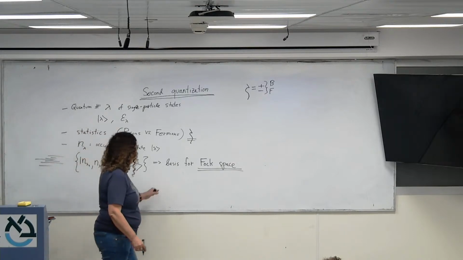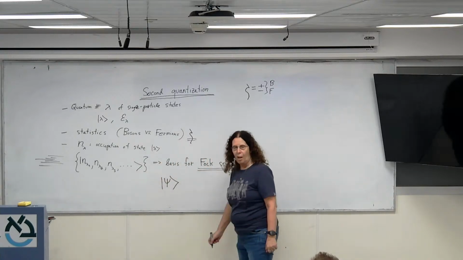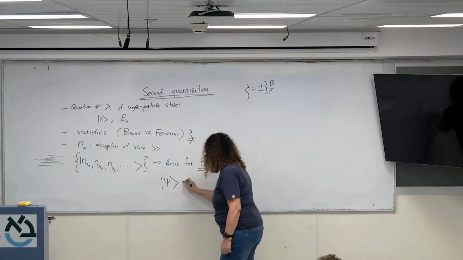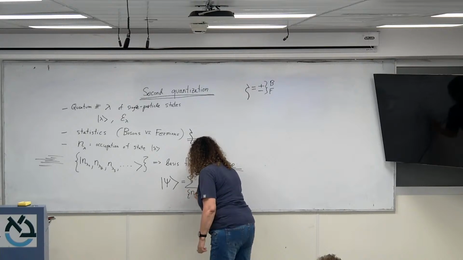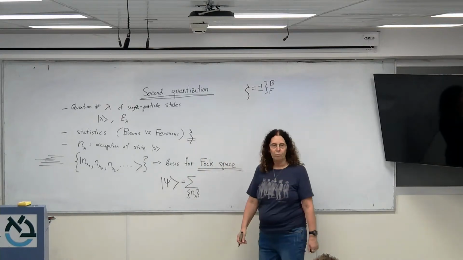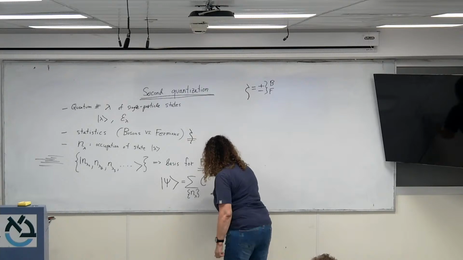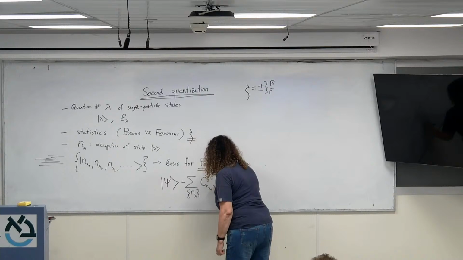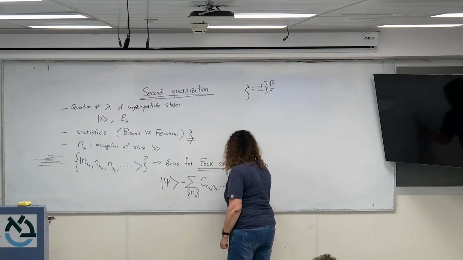And the most general many-body state, how I will write it, the most general way, it's a summation over all possible occupations of all the possible lambdas, of some coefficients that I write as c of n lambda 1, n lambda 2, and so on, times the state.